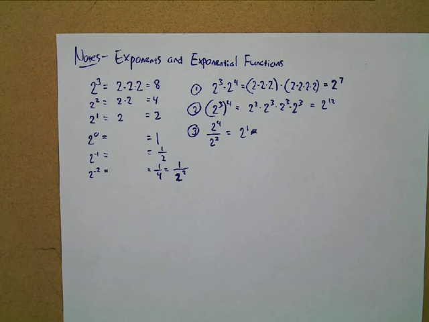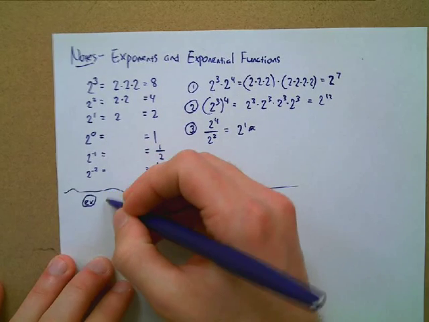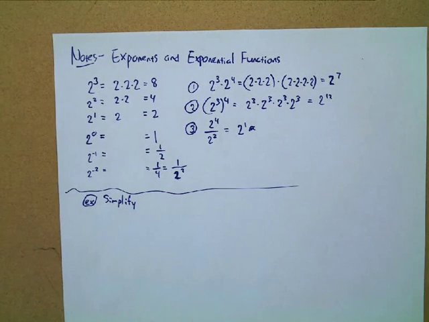So let's just do a quick example here. We'll just say simplify. It's a very nebulous term. Sometimes we're not really sure what that means, but hopefully this will make sense.